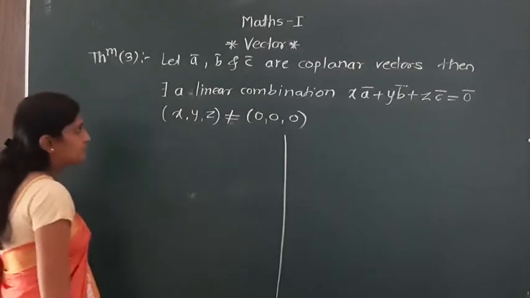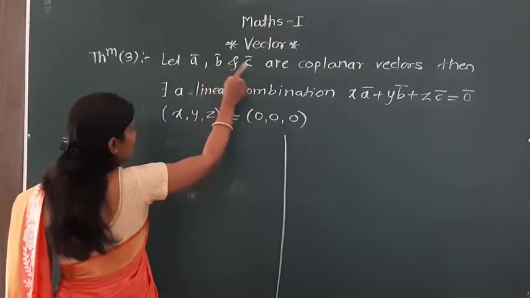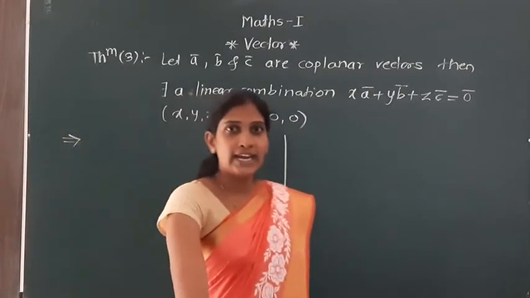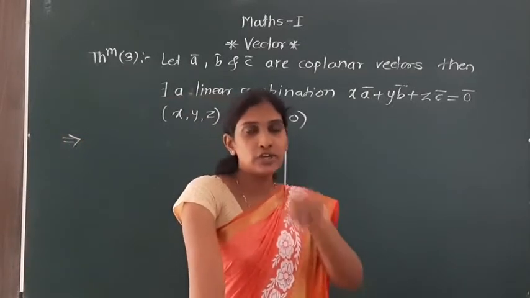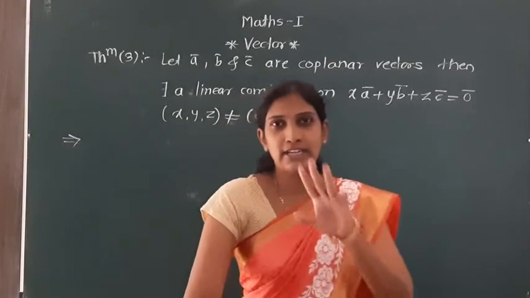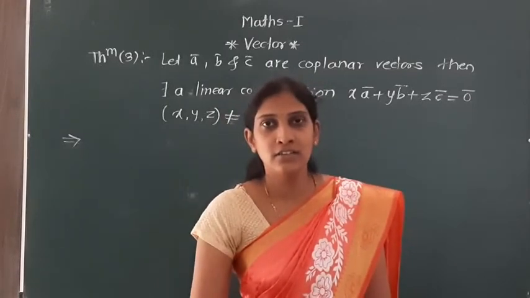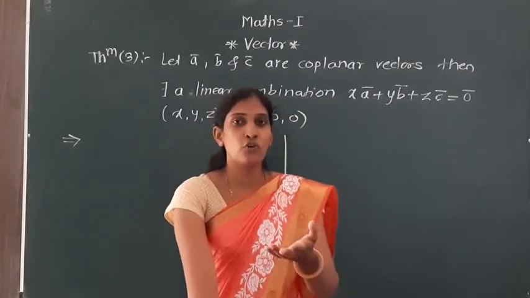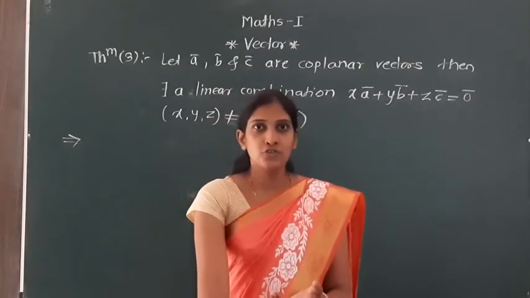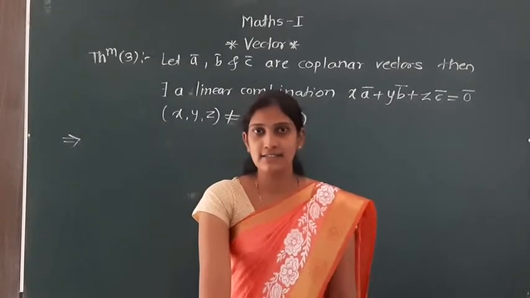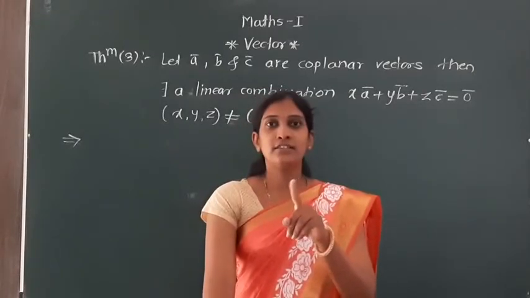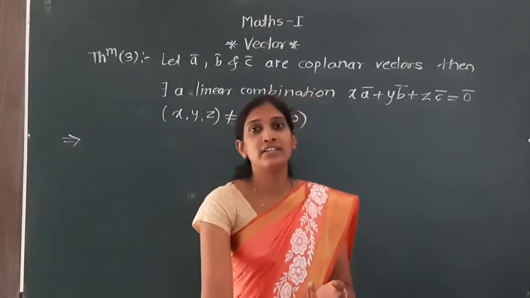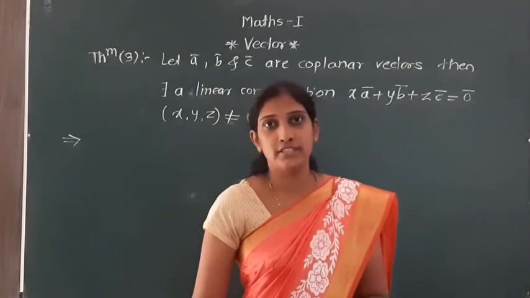So in the first part, if a bar, b bar, c bar are coplanar, we consider two cases. If three vectors are coplanar, then we can't say whether they are collinear or non-collinear, so we have to take both cases. First case, these three vectors are collinear, and second case, these three vectors are non-collinear.